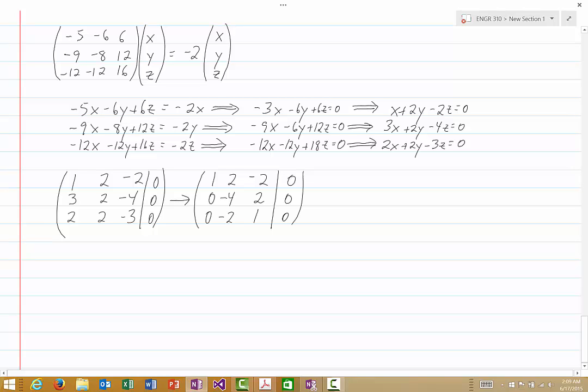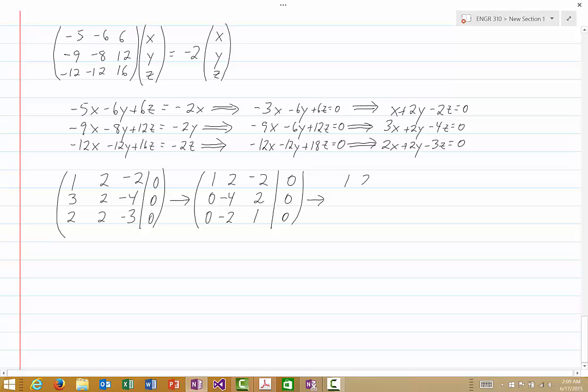And now, well, this is getting pretty easy to see already, but I'll just go ahead. Let's divide the second row by 2.